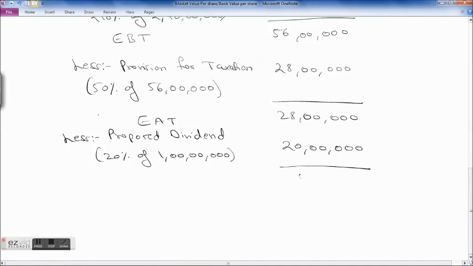So 8 lakhs is the profit to be transferred to reserves and surplus.